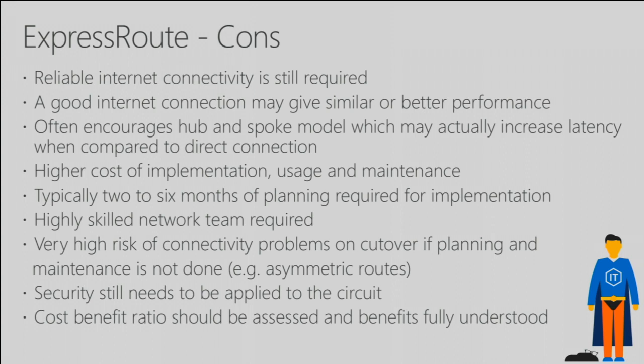So again, it can actually make things worse in many cases. There is a much higher cost in most cases of implementation, usage, and maintenance. The real kicker is the complexity that adds to your management. In essence, moving to the cloud, we want it to be as simple as possible and with a low enough maintenance that you can concentrate on other things, that the SaaS service is delivering things for you.